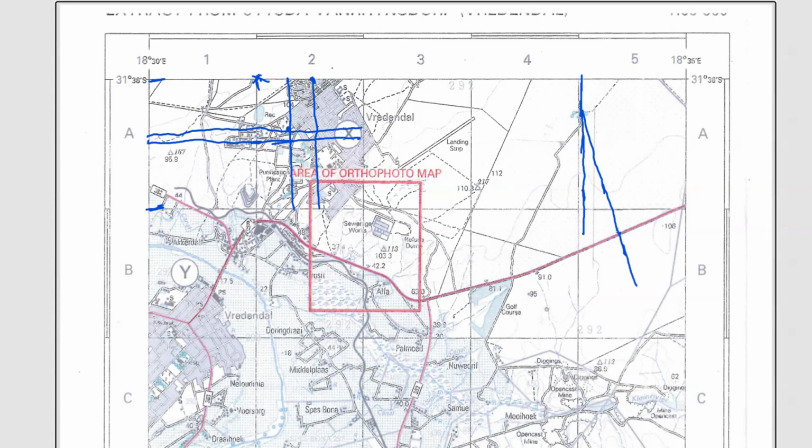After doing this, we know that this is our true north direction. Whenever we draw a vertical line parallel to our lines of longitude, we have identified true north. Using that, we can ascertain our bearing. Remember, our true bearing is measured clockwise from true north to the line connecting the two features.